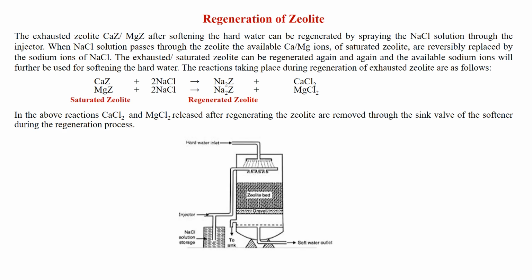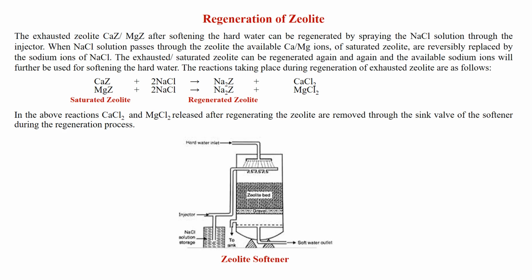This is the figure or diagram of the zeolite softener. We have the inlet for the supply of hard water at the top of the zeolite softener. When this hard water is allowed to pass through the zeolite bed, the softening takes place.